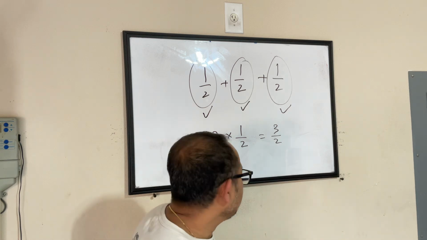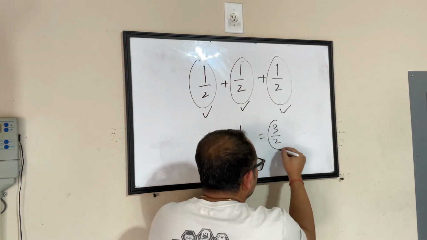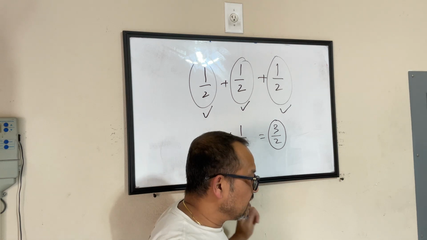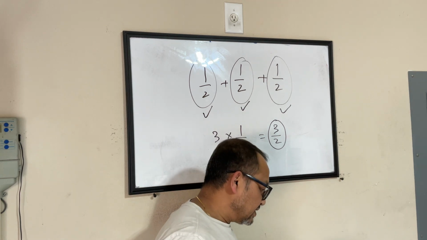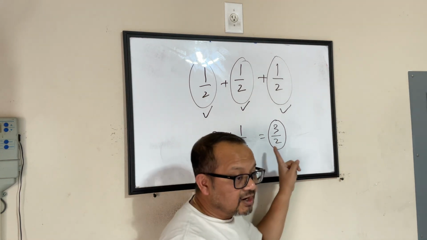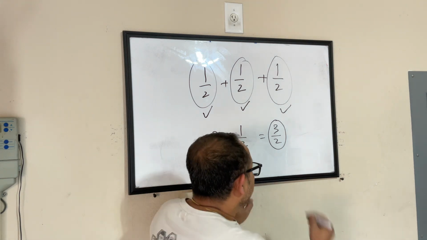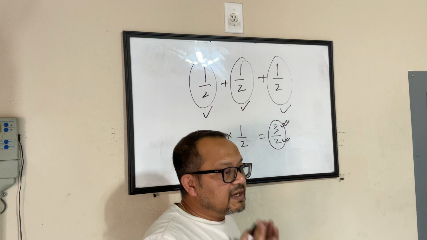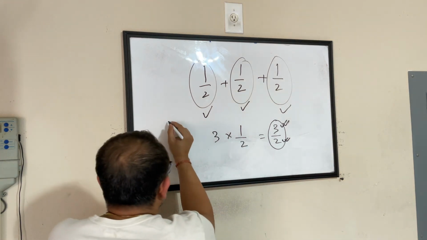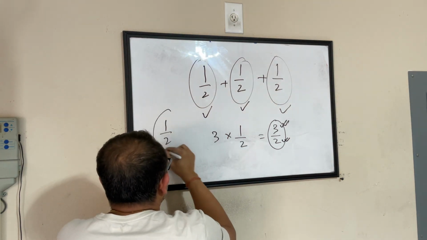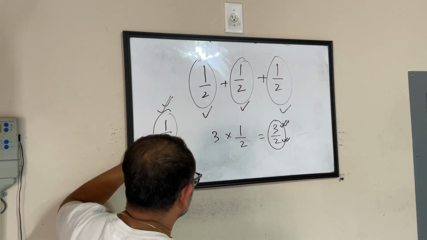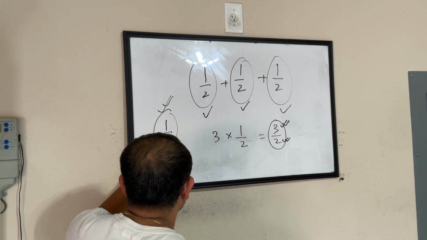And to Aditya's point, this is an improper fraction. Okay guys, no parallel talks. Everybody stays with me. Now, this is called an improper fraction, meaning when your numerator is bigger than your denominator. If you are talking about a fraction like this, it is called a proper fraction, because your numerator is smaller than the denominator.